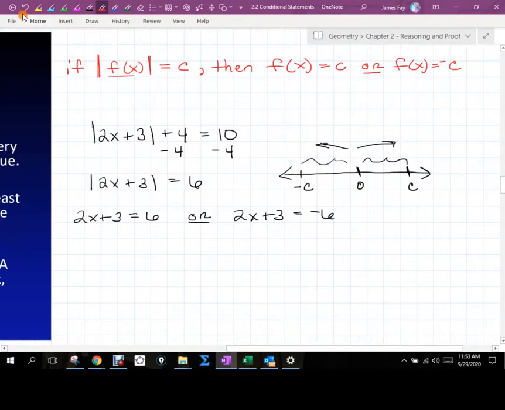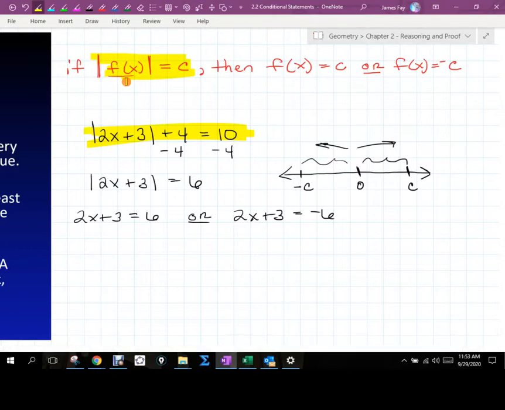What we have to do then is ask: does the specific question I'm given, the one we started with, match that rule? And they don't, right? Because the one on top has the absolute value bars all by itself.